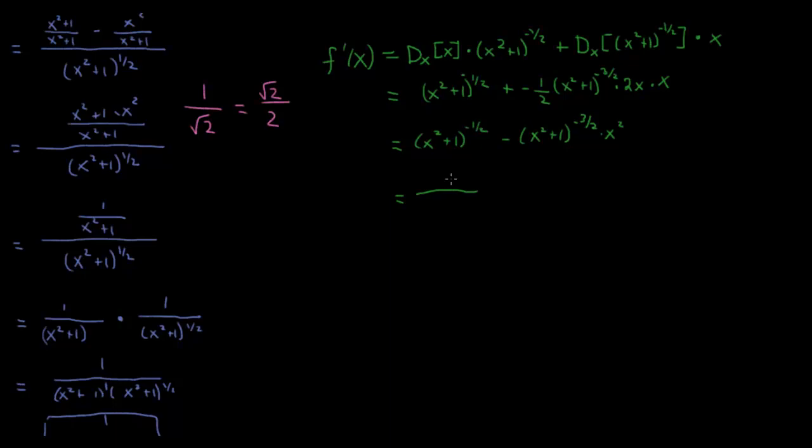So we would write this first term as 1 over x squared plus 1 to the positive 1/2 power. A negative exponent kicks the term to the denominator, and then you make the exponent positive. Minus, okay, we have an x squared on top over here, divided by x squared plus 1 to the positive 3/2 power. Okay?